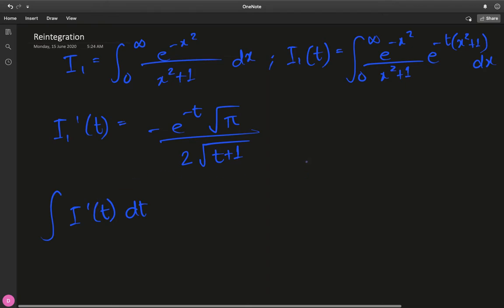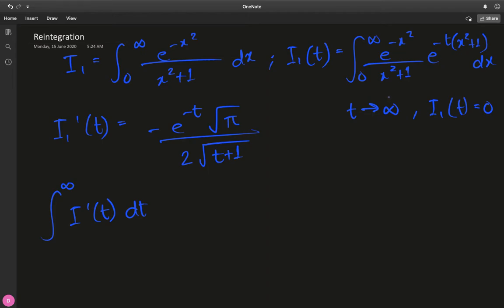So notice that as t tends to infinity, I1 of t goes to 0, because this e raised to negative t will make the whole thing decay as t tends to infinity. So one of our bounds is going to be infinity.